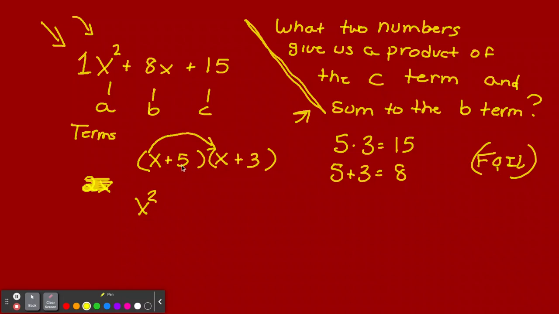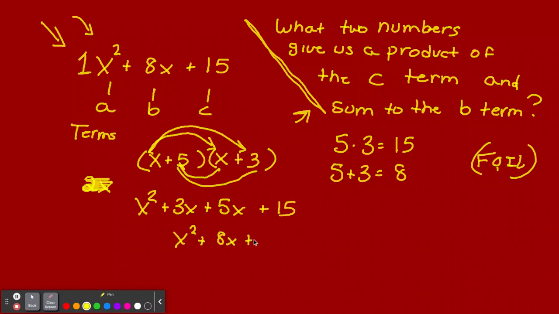The outside term times the outside term gives us 3x. X and 3 are the outside terms, and 5 and x are inside terms. 5 times x is 5x. And the last term times the last term gives us our 15. So we combine like terms, and we get that.